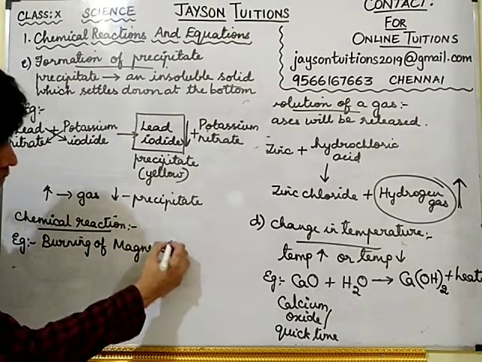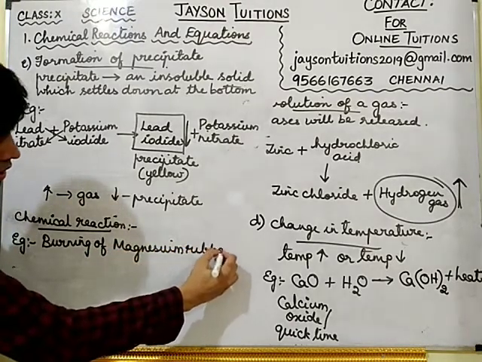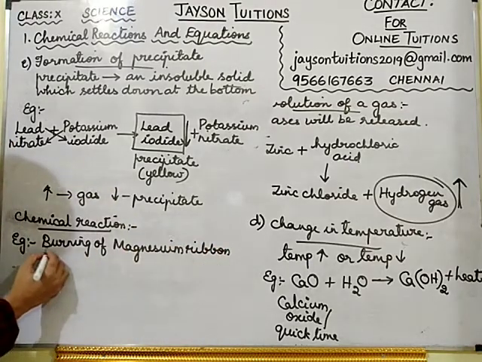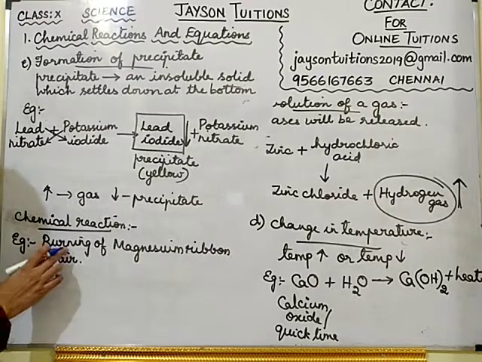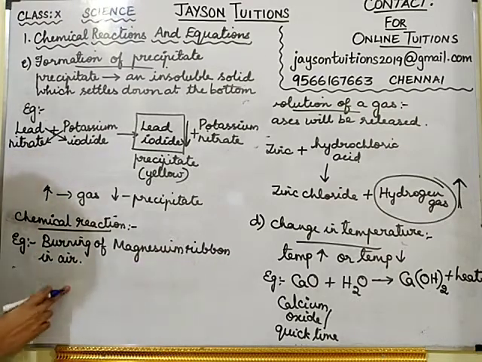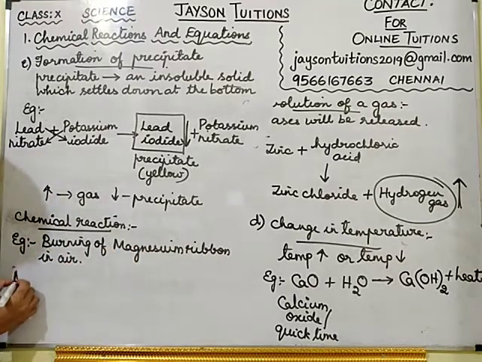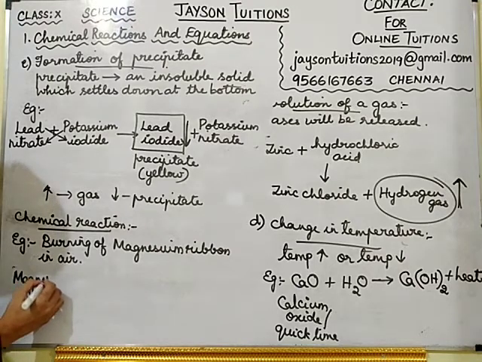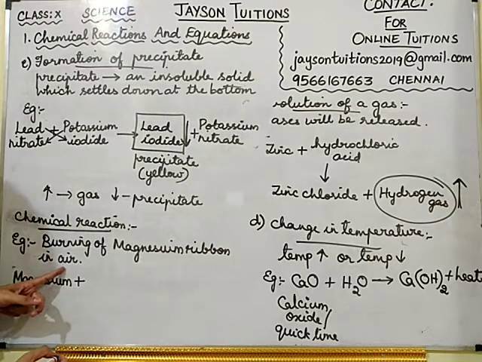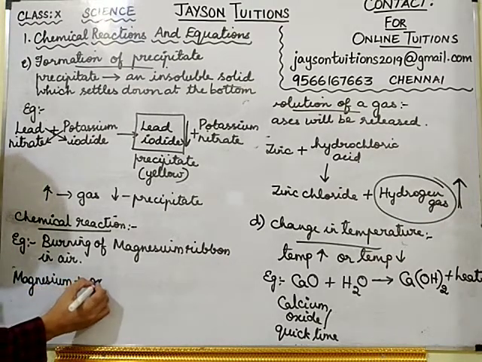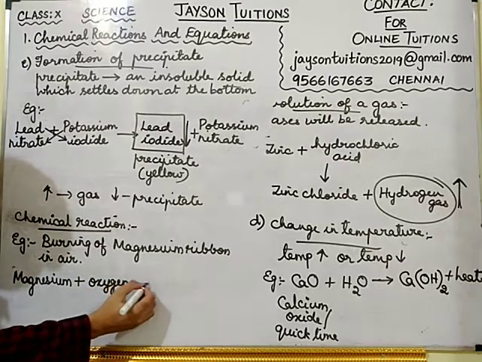Burning of magnesium ribbon in air. So magnesium is going to burn in air. Air means what? Oxygen will be present in air. So when you burn magnesium in air, what will happen?